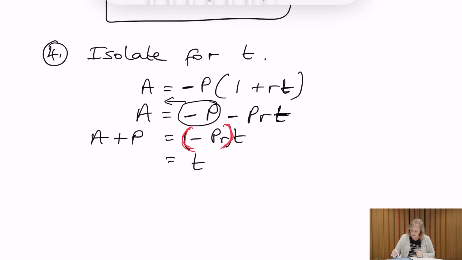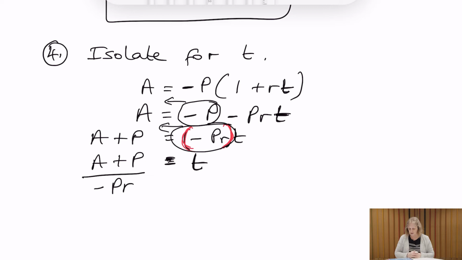So if we bring that over, the important thing here is that the operation with t is that we're multiplying it by negative pr. So when we take that over to the other side, we're doing the opposite of multiplying, so we're dividing. So we have a plus p on this side, and then we're dividing by negative p times r, and that equals t, which is what we want to isolate for.